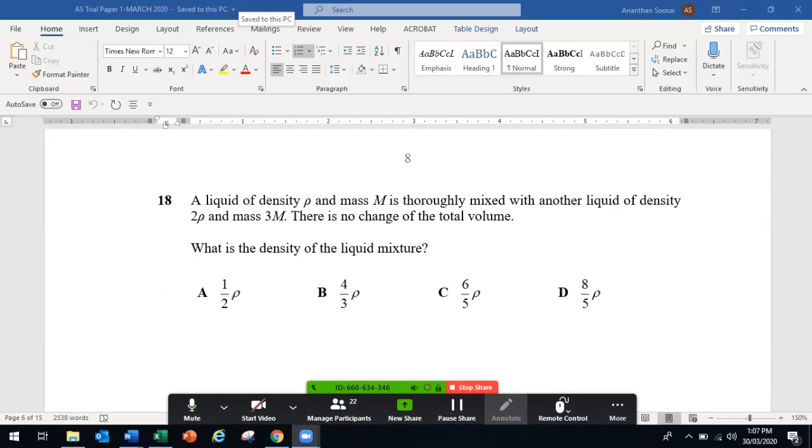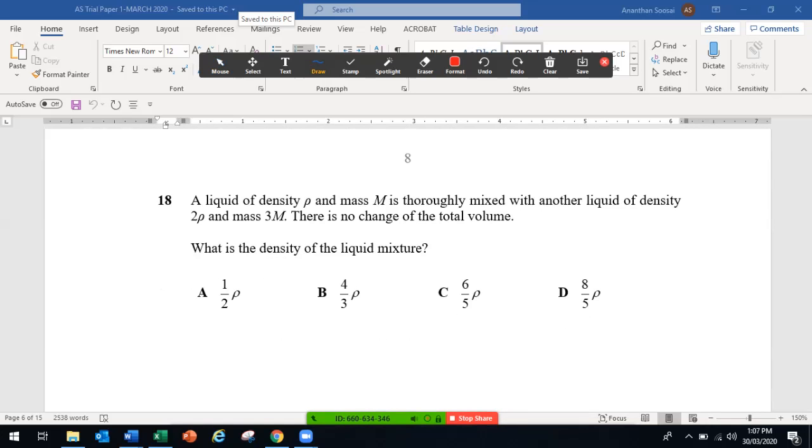Okay, 18, density. A liquid of density rho and mass m is thoroughly mixed with another liquid of density 2 rho and mass 3m. There is no change in total volume. What is the density of the liquid mixture? One is rho, another one is 2 rho.